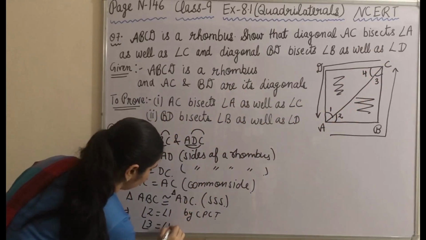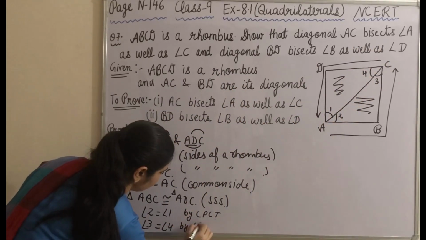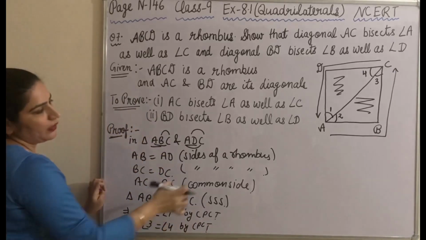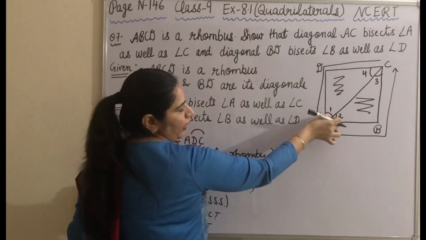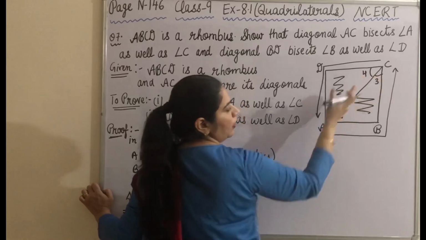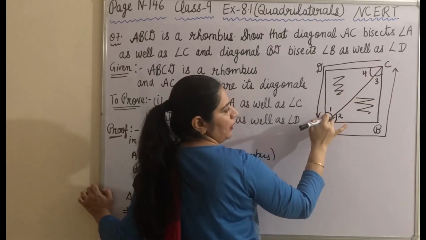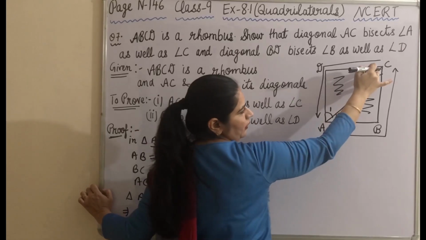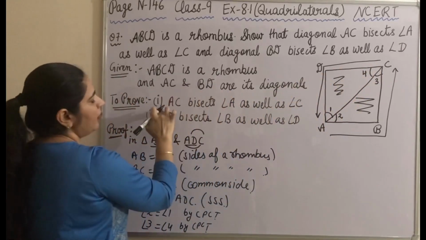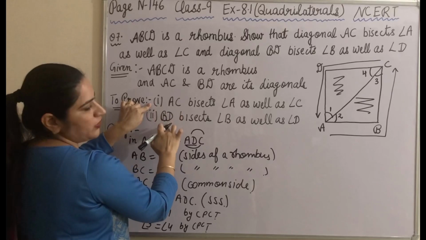Angle 3 is equal to angle 4 by CPCT. When 2 is equal to 1 and 3 is equal to 4, it means this diagonal AC bisects angle A as well as angle C. This was the first part, and similarly we will prove the second part.